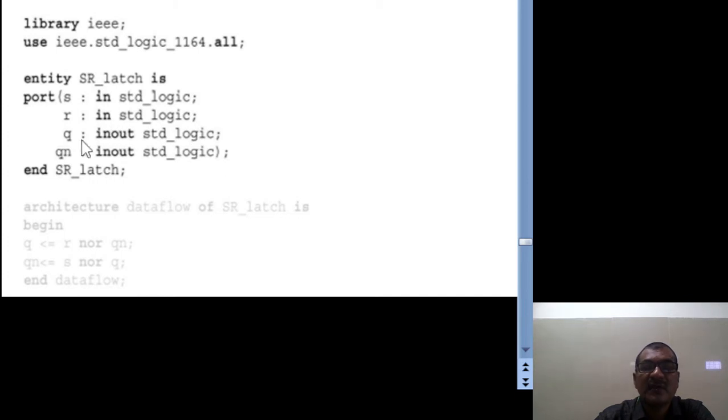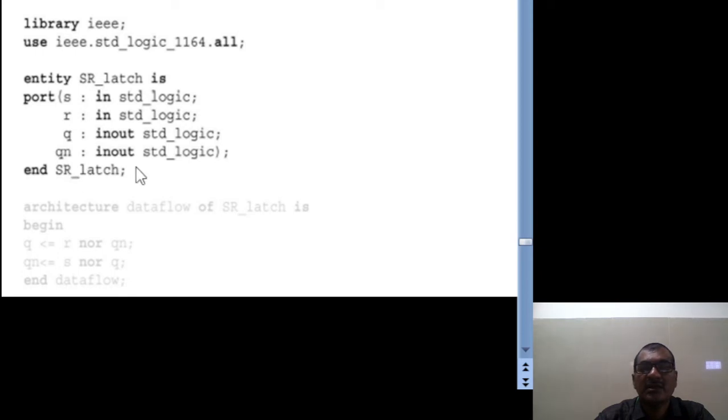Q not only acts as an output, it also acts as an input. Therefore the mode for Q is in-out, meaning it acts as both input and output. So in-out standard logic. Similarly, Q bar is given the name Qn, that is the negation of Q.